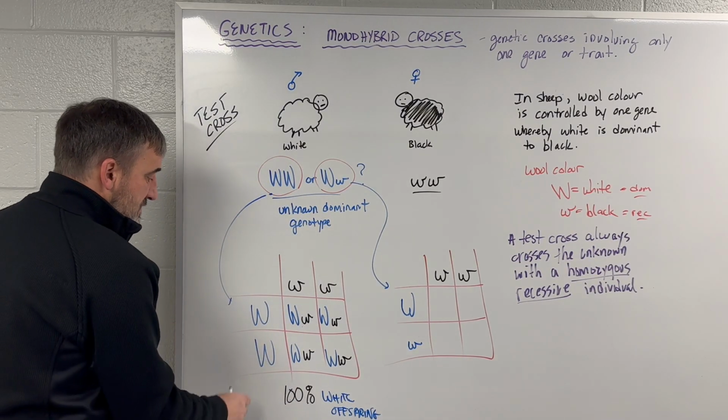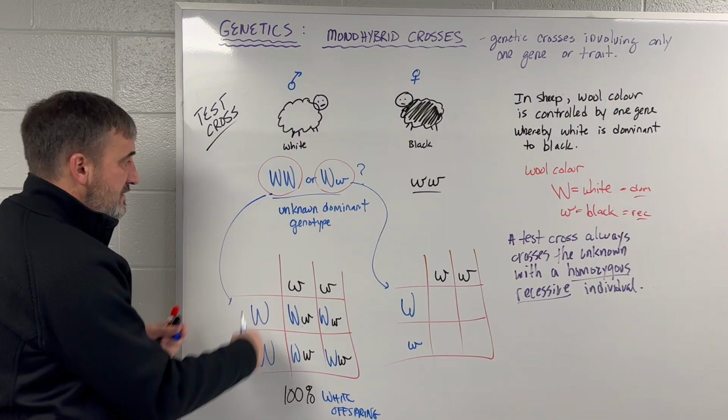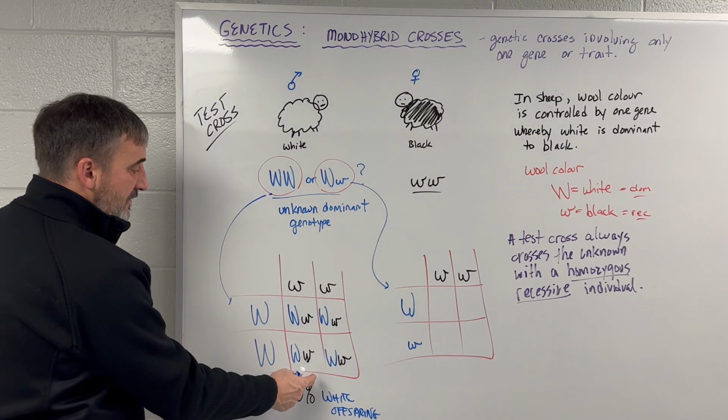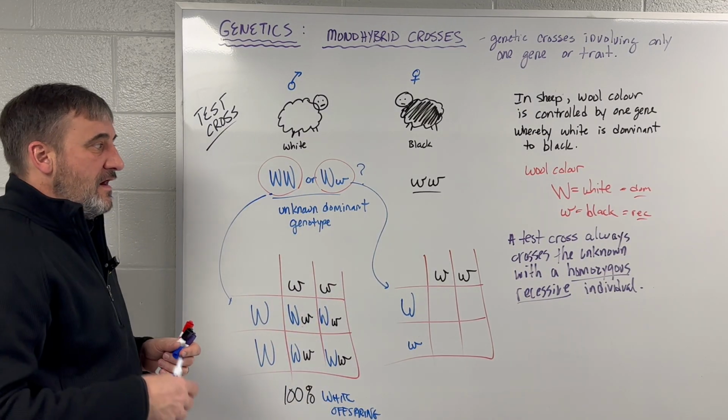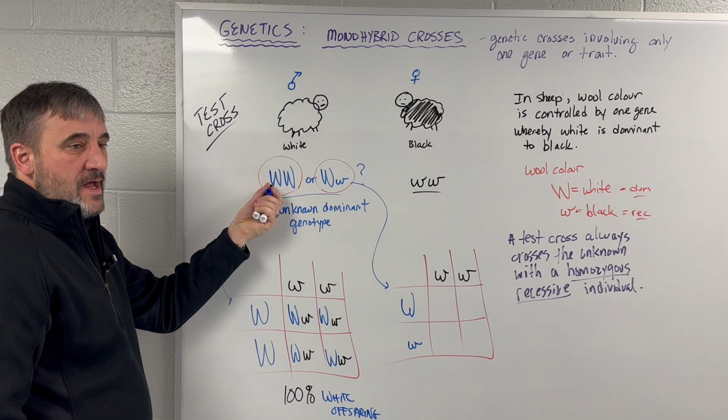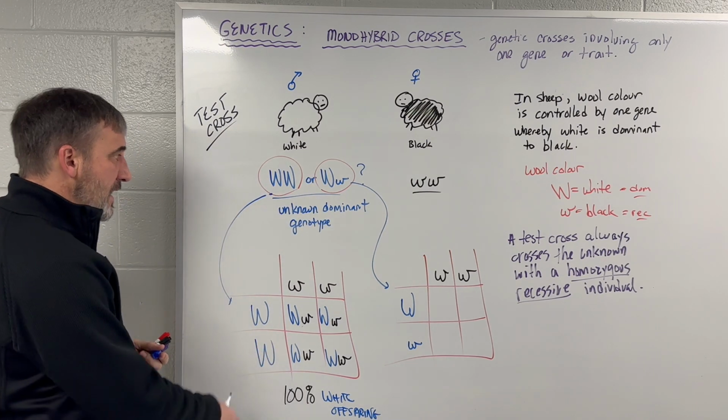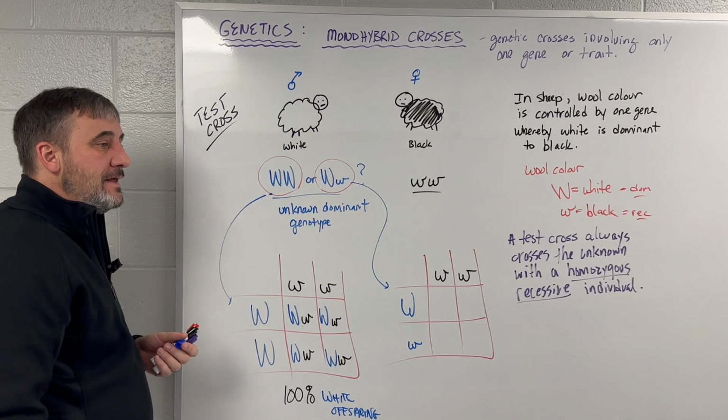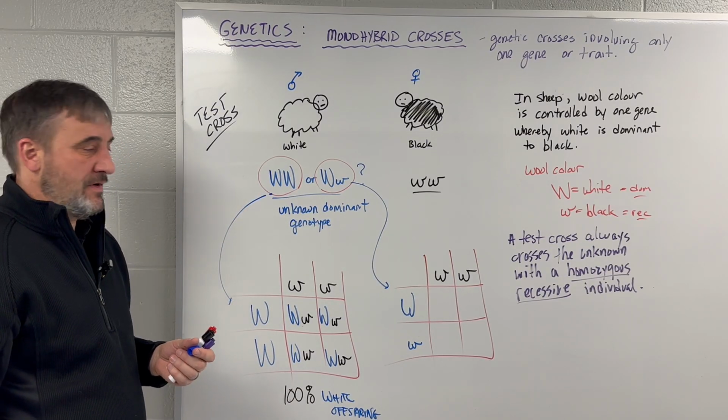Okay, so we're only interested in the phenotype because we're going to know the genotypes by doing this cross. If 100% of the babies, every time we cross dad with any kind of mom, come out white, he's likely to be homozygous dominant.